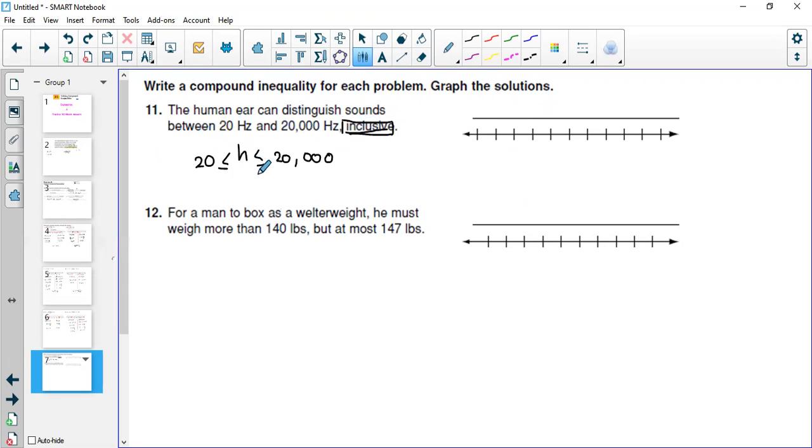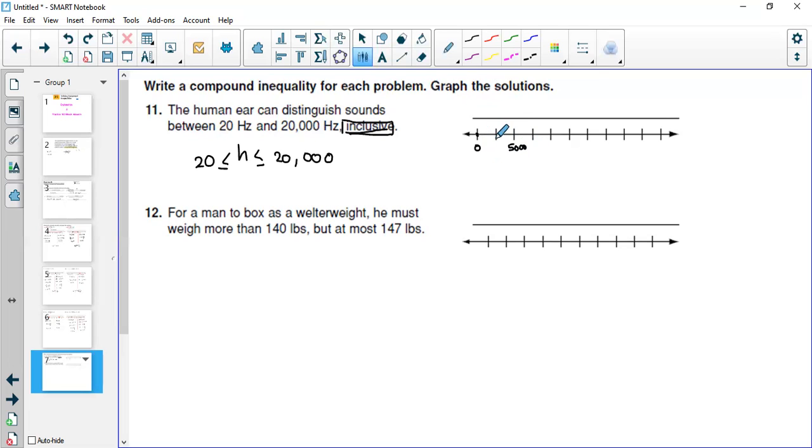Because you have to graph two big numbers, let me show you how. Let's start with a 0 here. Let's take a scale of 5,000, because we need to show 20,000.